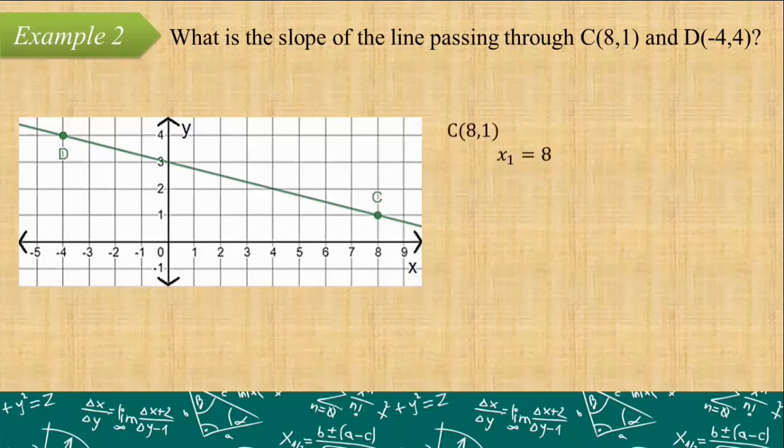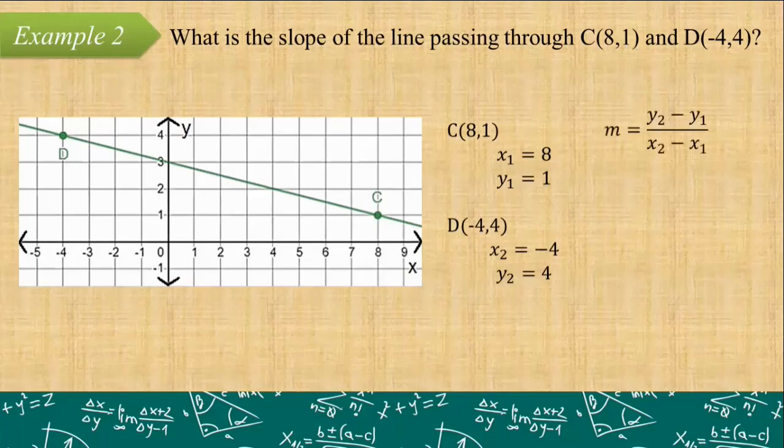C ang point 1 natin, so that is 8 yung x sub 1, 1 yung y sub 1. However, sa D naman, ang x sub 2 natin ay negative 4 at ang y sub 2 ay 4. Again, ito yung formula, m is equal to y sub 2 minus y sub 1 over x sub 2 minus x sub 1.